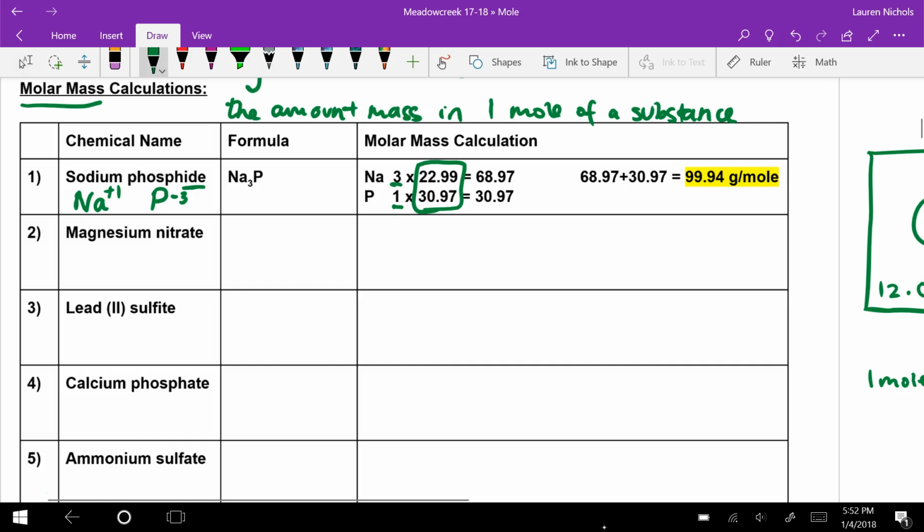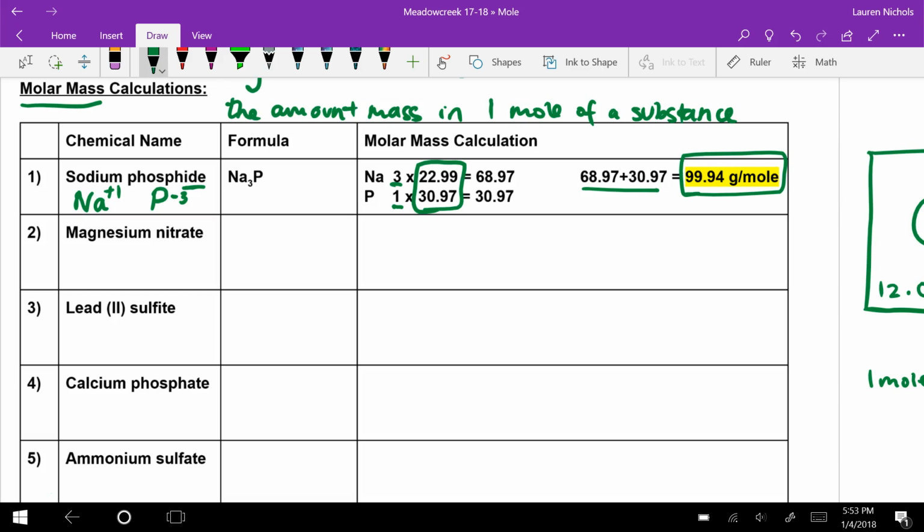So if I have 3 sodium atoms, and each sodium atom has an average atomic mass of 22.99 grams, then 3 times 22.99 gives me 68.97, and 1 times 30.97, which is the average atomic mass of phosphorus, equals 30.97, and then I add those two numbers together to get my final answer of 99.94 grams per mole.